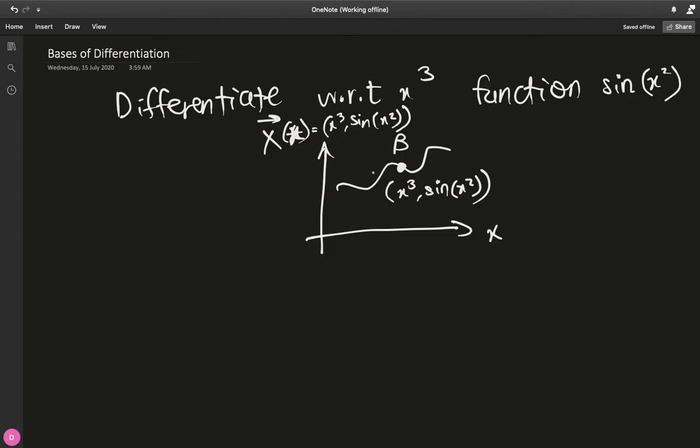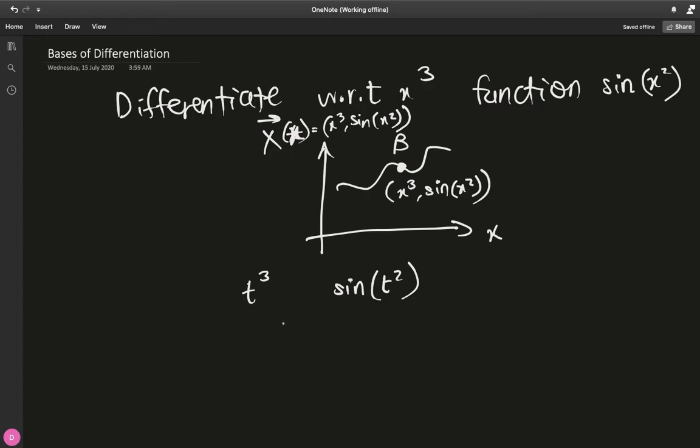So it's basically parameterization. If you change variables, call x instead t, so we have t cubed and sine of t squared.